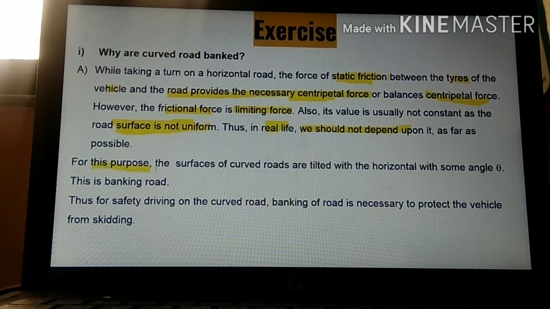For this purpose, the surface of the curved road is tilted with the horizontal at some angle theta. This is a banked road. What is this called? Banked road. Thus for safe driving on curved roads, banking of the road is necessary to protect the vehicles from skidding. So banking of the road is very much necessary to avoid skidding.